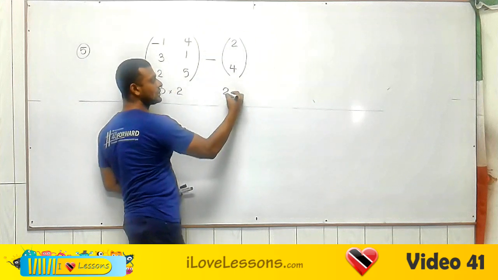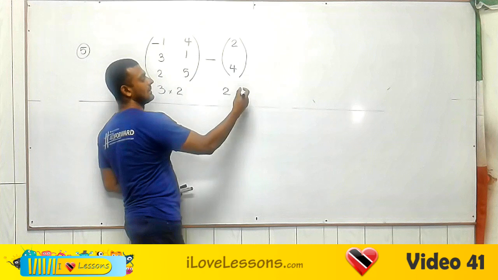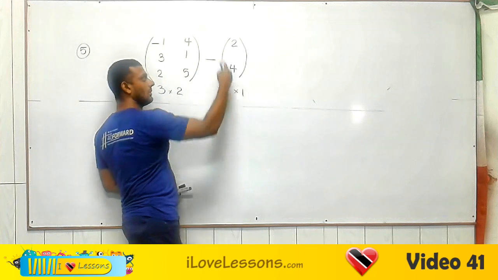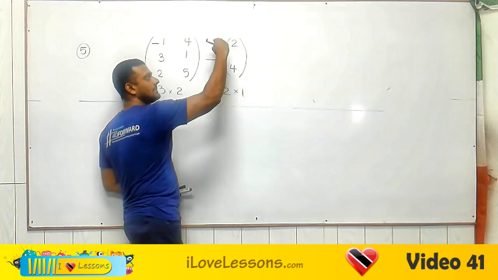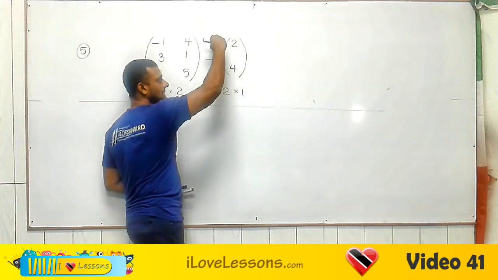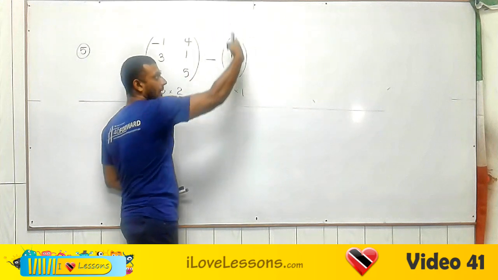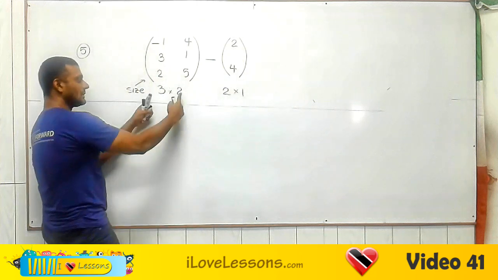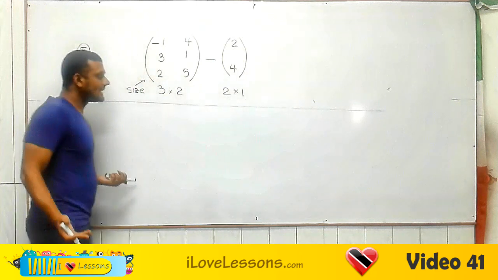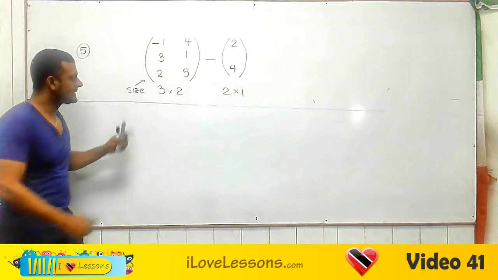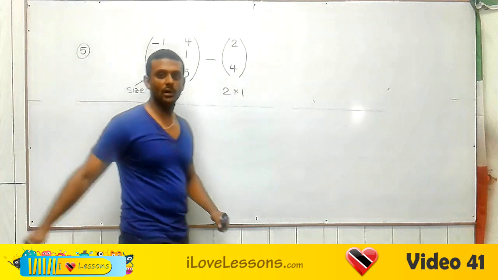And how many columns? 1. I know these don't look much like rows, but it's a very short row. So this is a 2 by 1 matrix. You notice these two matrices are not the same exact size. This is a 3 by 2 and this is a 2 by 1.